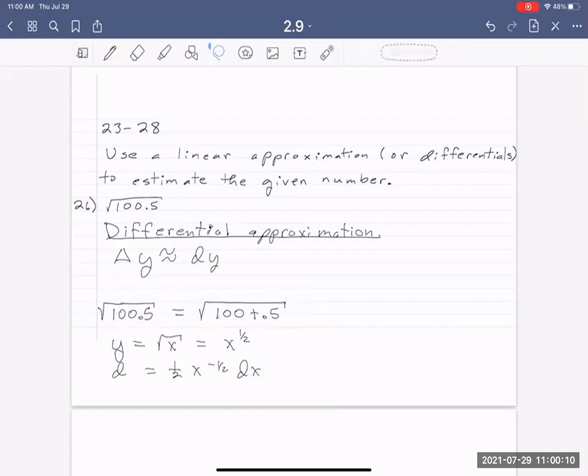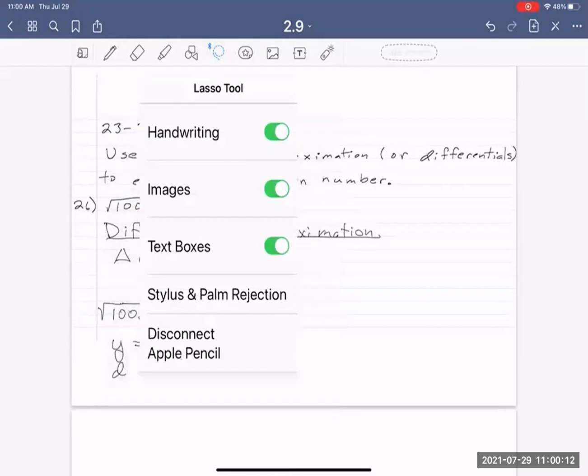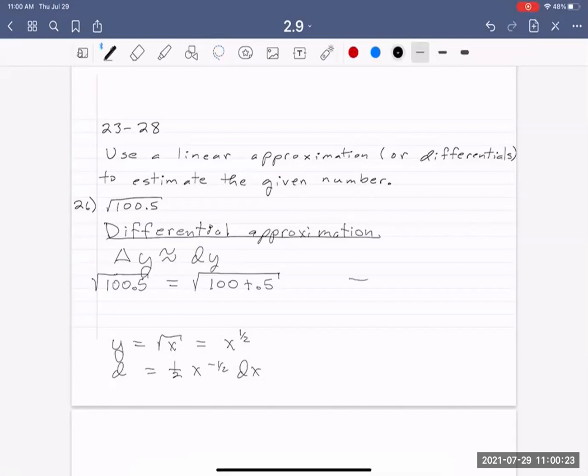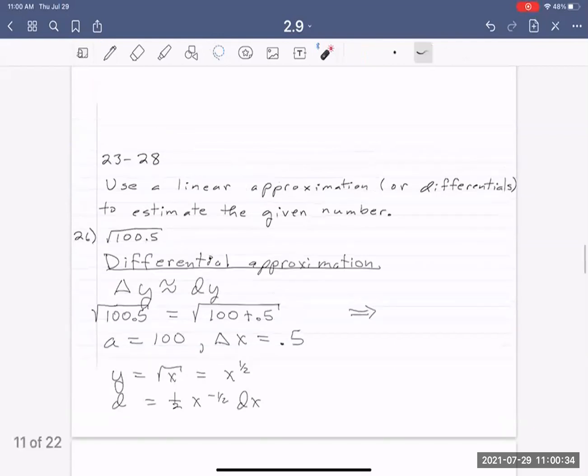Okay, so I have here that A should equal 100, delta x should equal 0.5. And what am I doing to this?